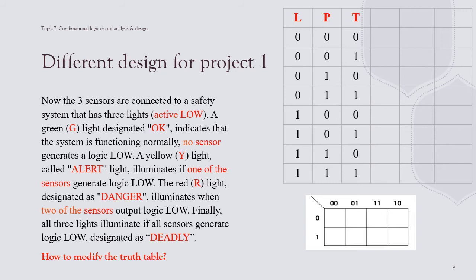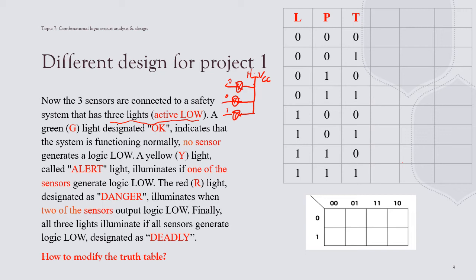So we still have the tank and the 3 sensors, okay? But now the 3 lights are active low, which means the other end is connected to a high voltage, or logic high, so we need the input at 0 to turn them on, okay.